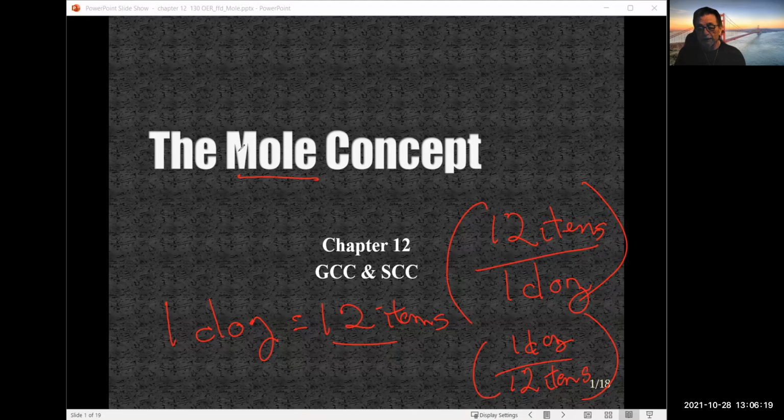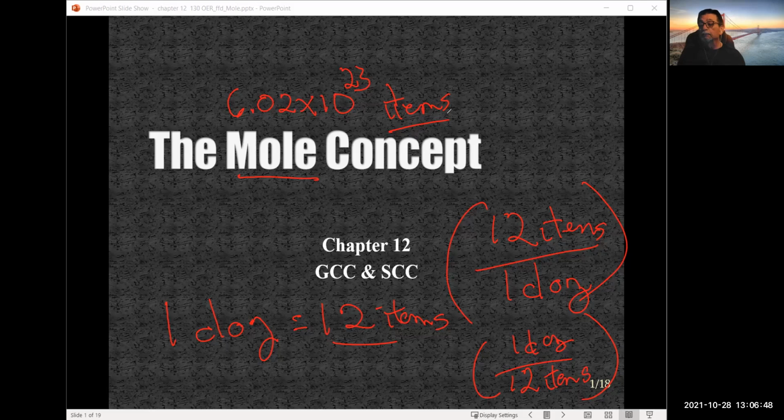And that number is, here we go back to scientific notation, because we're dealing with very large numbers, 6.02 times 10 to the 23rd. And I'm going to use the term items again, because it is like the term a dozen, which is just 12 items. In this case, those items can be molecules, can be ions, could be bananas, okay?